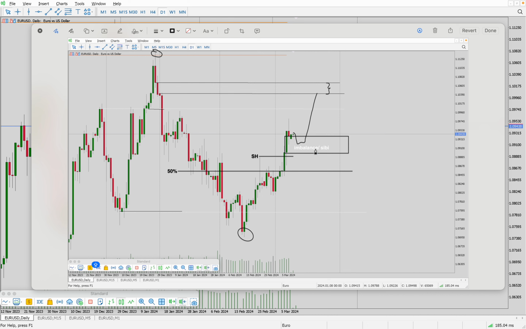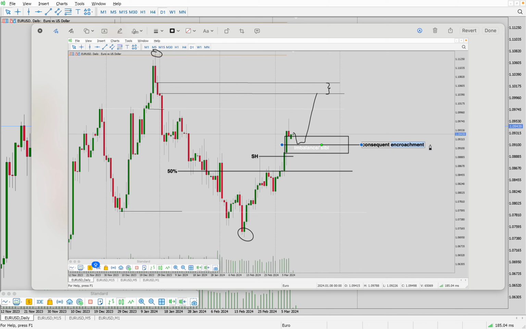Alright, the midway of that box, that I'm using these handles to mark out, the midway of this box is called consequent encroachment. What this simply means is midway.